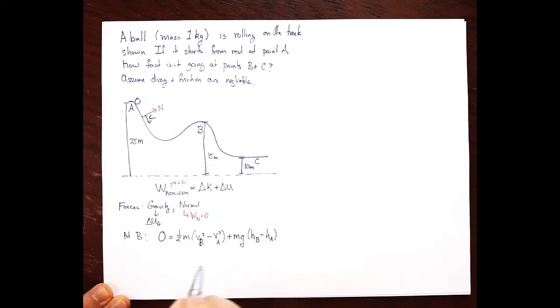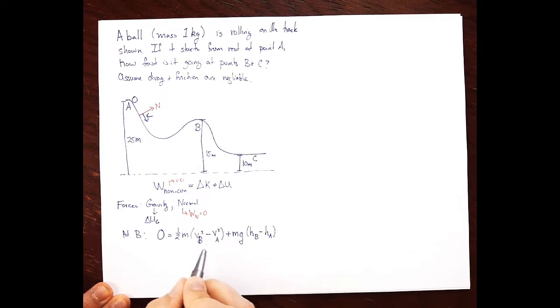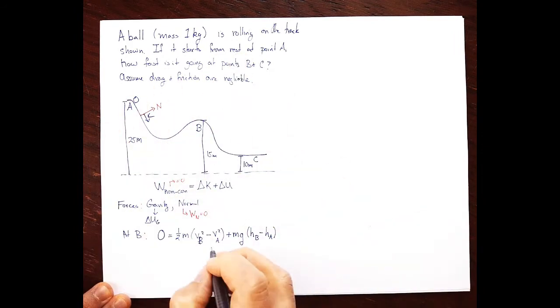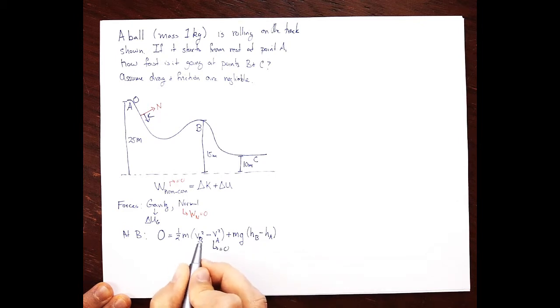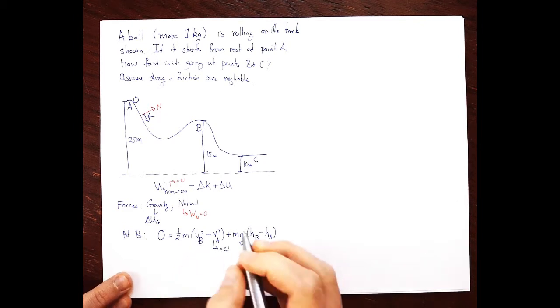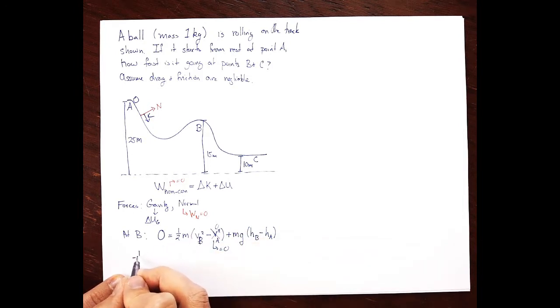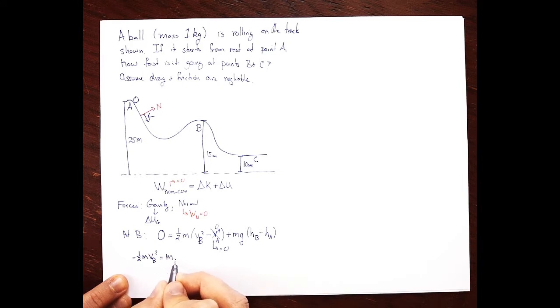We know the mass, we know g, so all we've got left are the speeds, which are the things we're interested in. And we know it starts from rest at point A, so that tells us that this is equal to zero. So let's go ahead and solve for vB. So that one's zero. Let's move this term over to the other side. It'll pick up a negative sign. So minus 1/2 m vB squared equals mg times the difference in those heights.